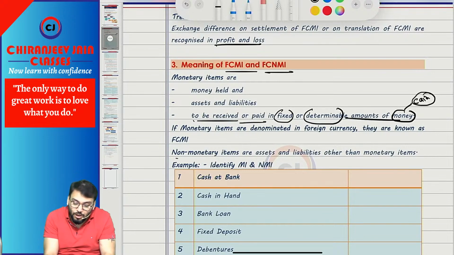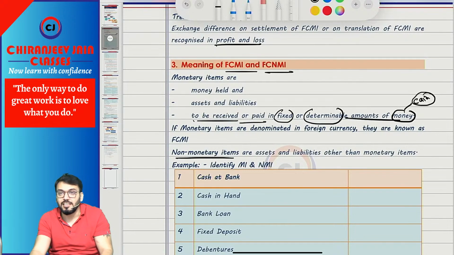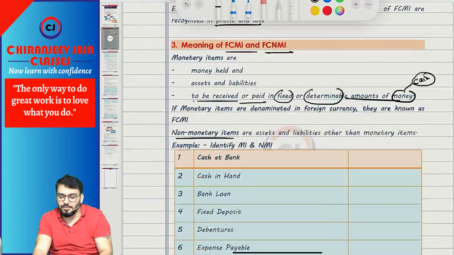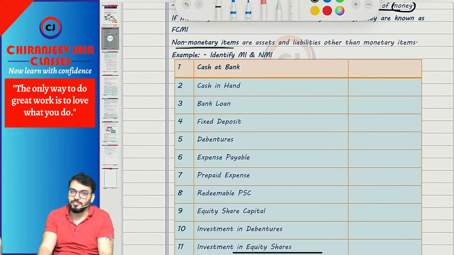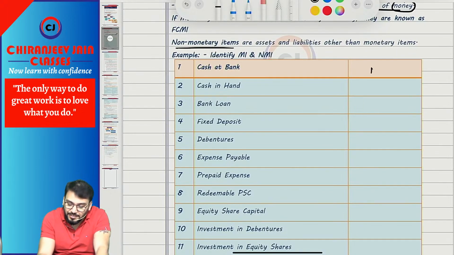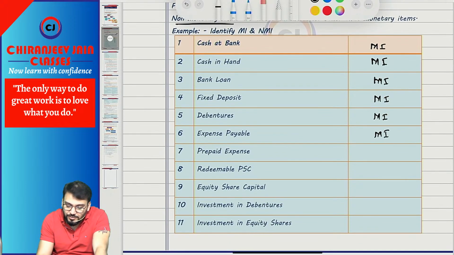Correct. So what are non-monetary items? Non-monetary items are assets and liabilities which are not monetary items. Let us identify which are monetary and which are non-monetary. Cash in hand, cash at bank: MI. Bank loan: MI. FD: MI. Debenture: MI. Expense payable: MI. Prepaid expense: NMI, why?